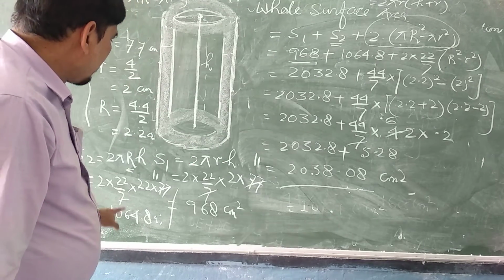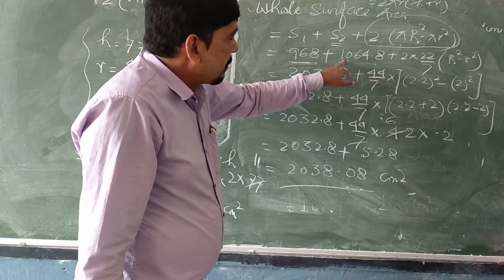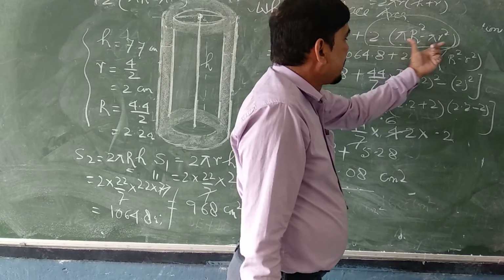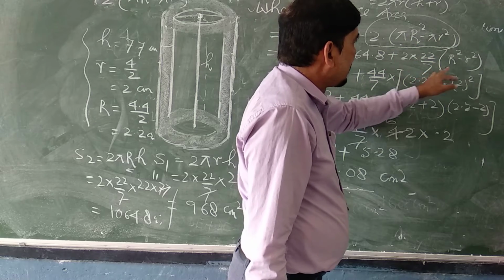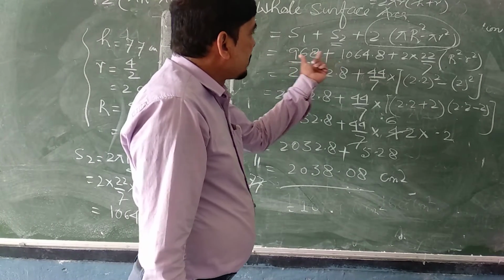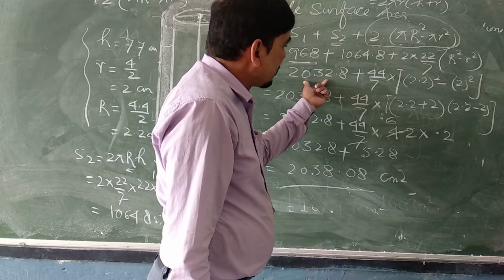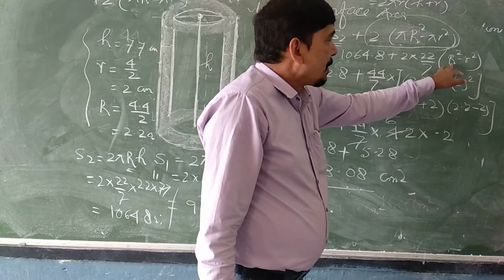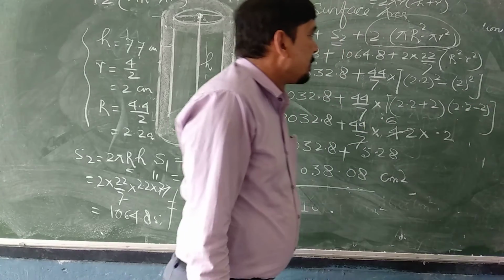S1 is 968, S2 is 1064.8, plus 2 times the area of the base: 2 into pi, take common 22 by 7, into R square minus r square. Now add 968 plus 1064.8, it gives 2032.8, plus 44 by 7 into, putting the values, 2.2 whole square minus 2 square.